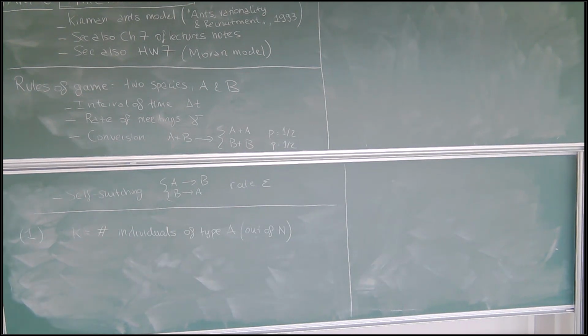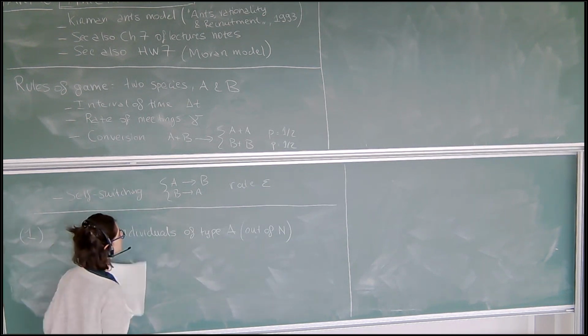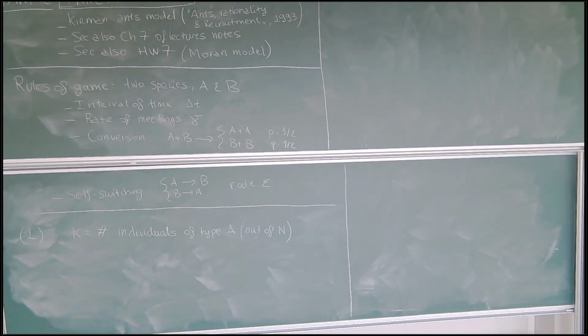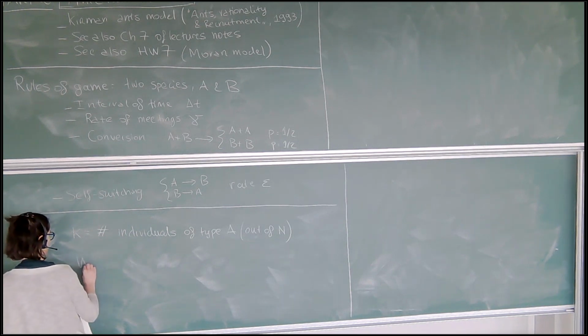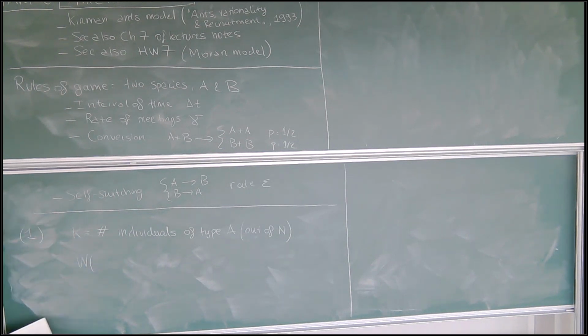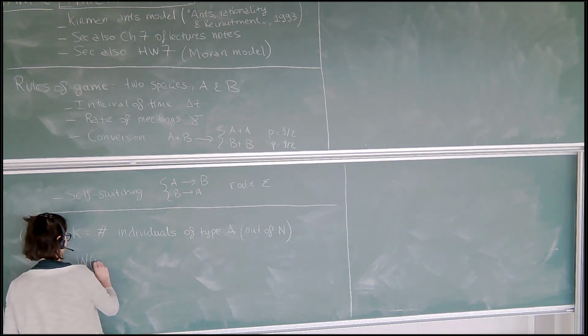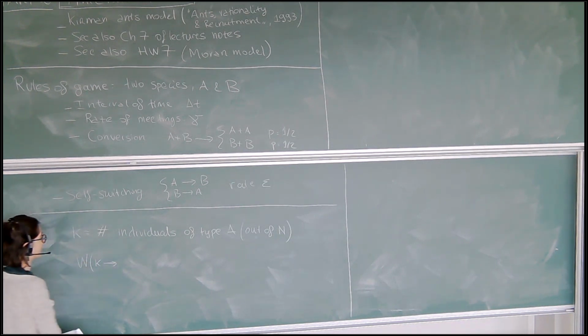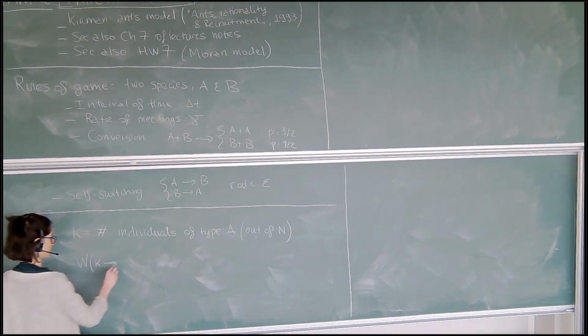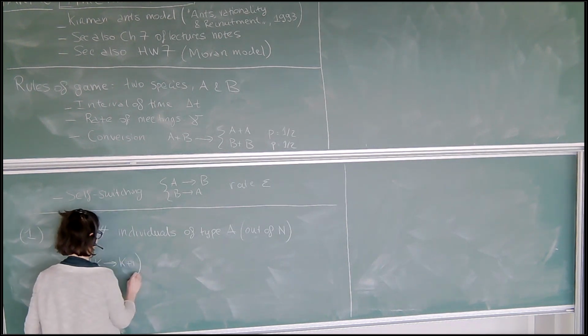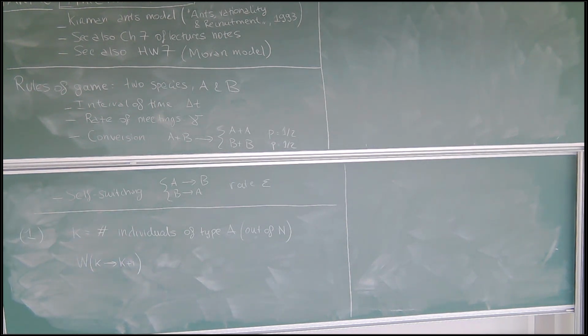And then we write down transition rates, which tell you the probability that you increase or decrease this value of k. I will call them W, as it was done in the lecture. So W will be the transition rate to go from k, for example, to k plus 1. And what a rate means is that this is a probability divided by time.